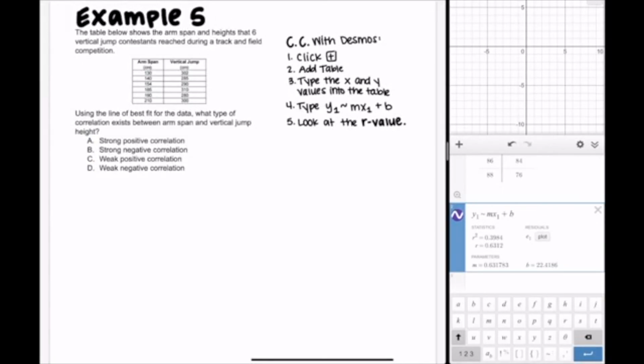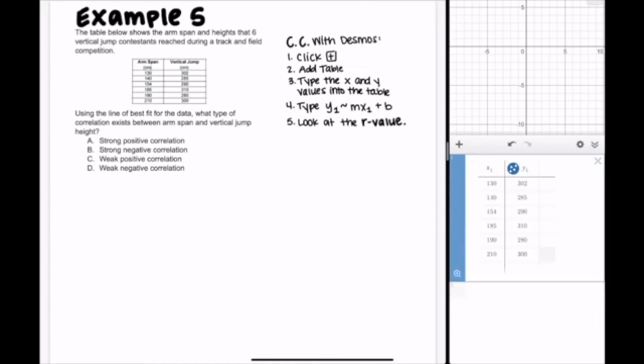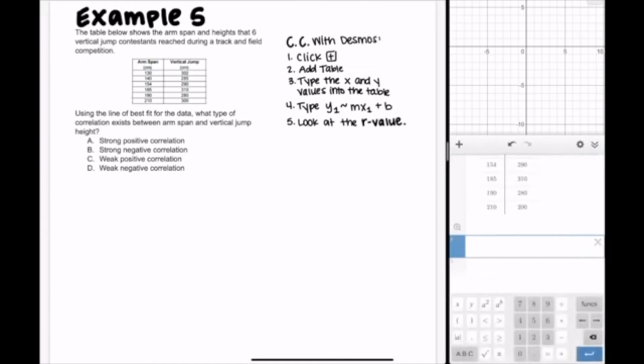All right, in example 5, this table shows the arm span and height that 6 vertical jump contestants reached during a track and field competition. So we're going to have to put in our table, type in our formula for the line of best fit, and then look at the R value. Once your data is in the table, you can type in your line of best fit formula.